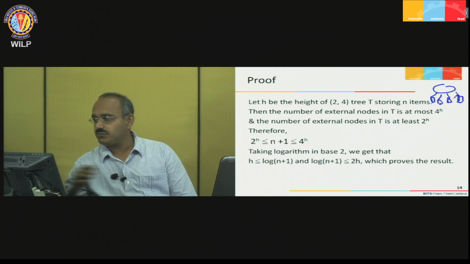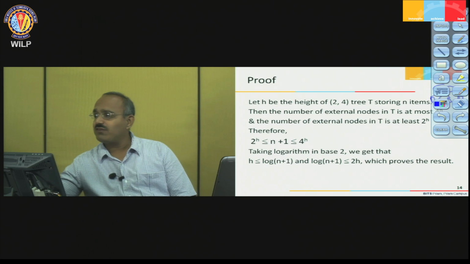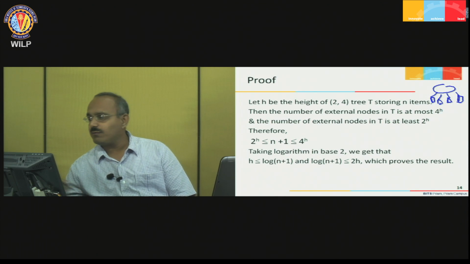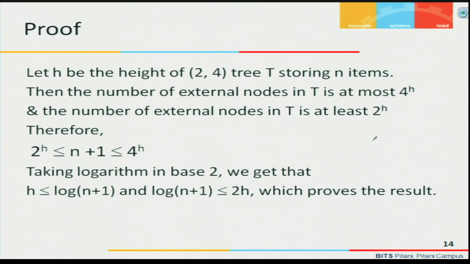What we are doing is finding the maximum number, which will happen, for example, in a maximum case like this, say 3, 6, 9, whatever. Then you will have 1, 2, 3, 4. So, height is 1 and there are 4 external nodes.